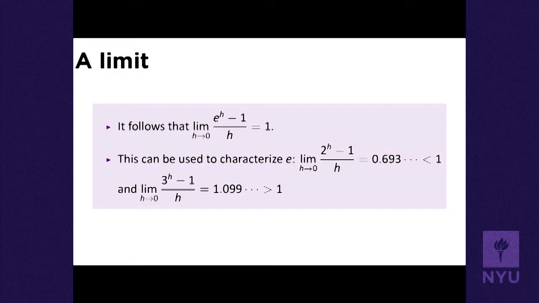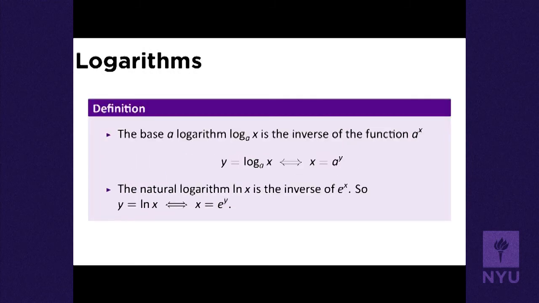Okay. So these exponential functions, like lots of other functions, have inverse functions. Take the inverse of x squared, you get the square root of x. Take the inverse of x cubed, you get the cube root of x. You take the inverse of sine, you get the inverse sine of x. You take the inverse of a to the x, and you get log base a of x.